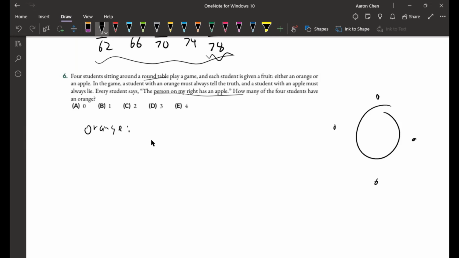So if someone has an orange, the person on their right has an apple. Let's just assume this person is orange. Then the person to their right must have an apple, because the orange statement is always true.